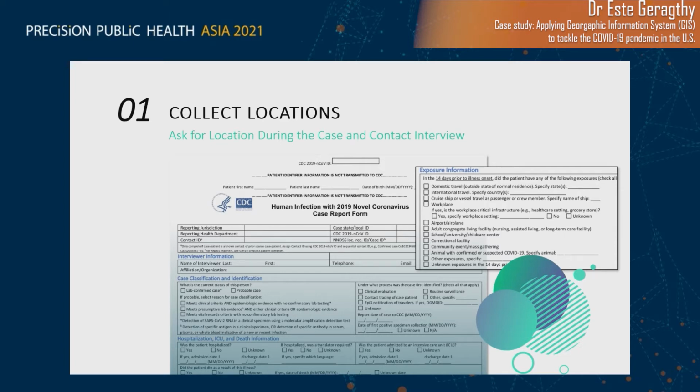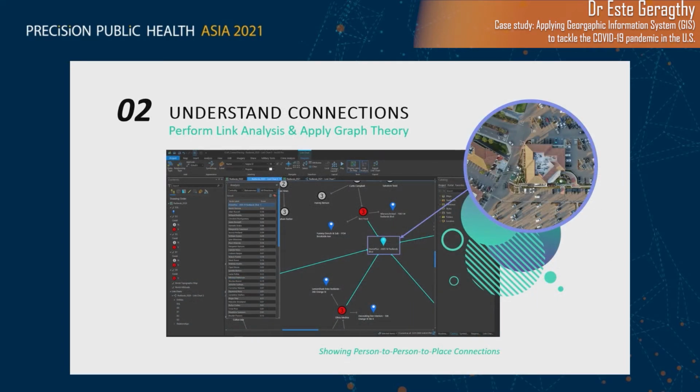So I think this is much more about identifying locations that somebody visited during the interview process. This is not, by the way, about tracking people, just to make that distinction. Now, when you have that location data, you can start to do things like link analysis.